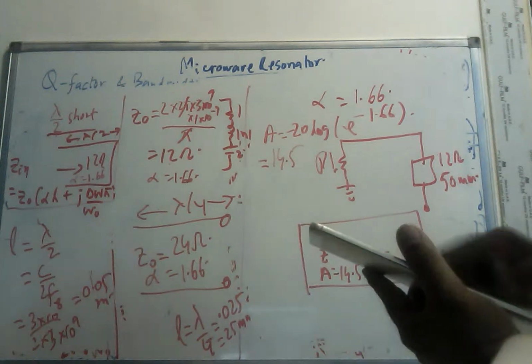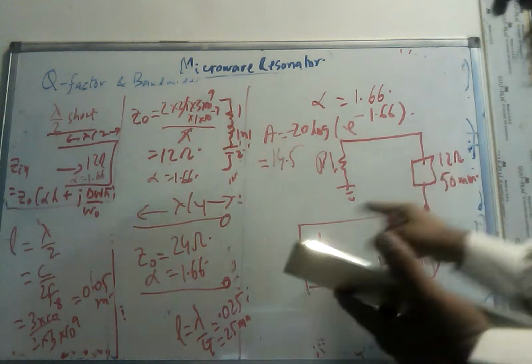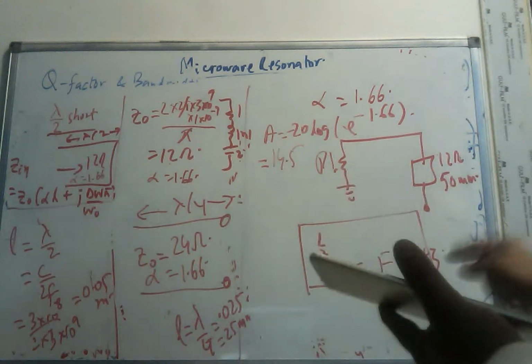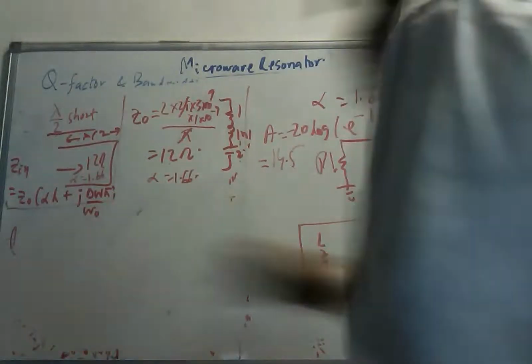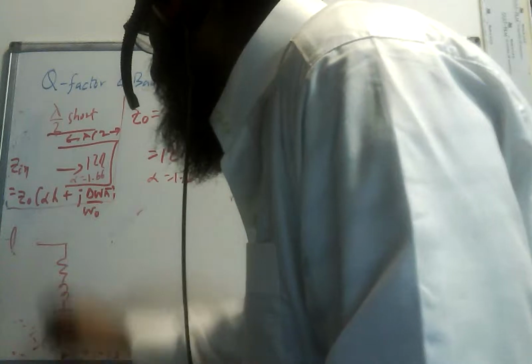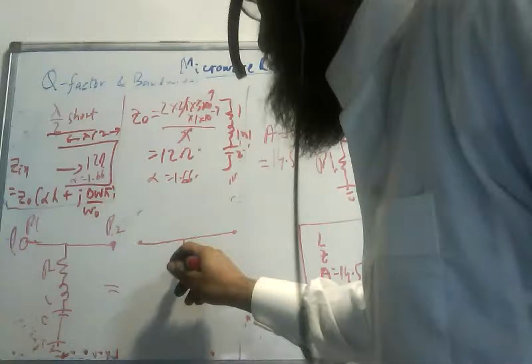Also, because this is one port, if I want to take the output, I need to connect the second port. So if I want to use it as a filter, I need the second port. So now I have the circuit which is RLC, grounded, and line open circuit.